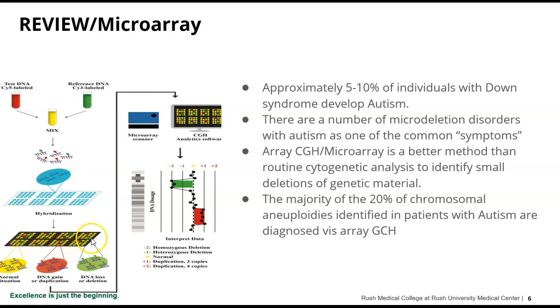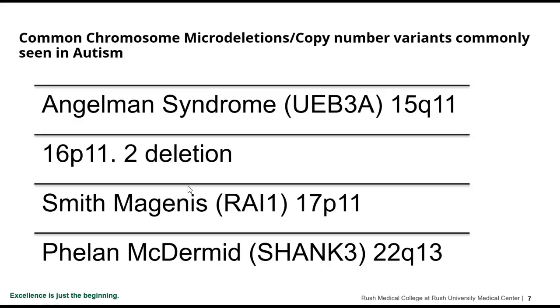We then put it in a machine to hybridize it. If we see yellow, that means there's equal hybridization at that particular region of the chromosome. If there's a deletion, we get more patient, and if there's a duplication, we get more control. So we can look through the entire genome and see if there's any areas that have extra or missing.